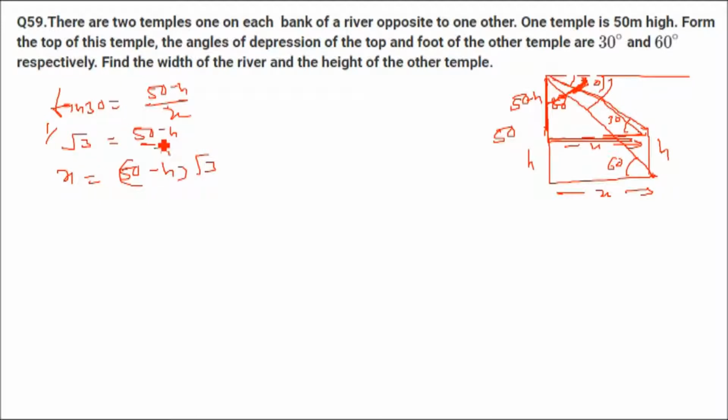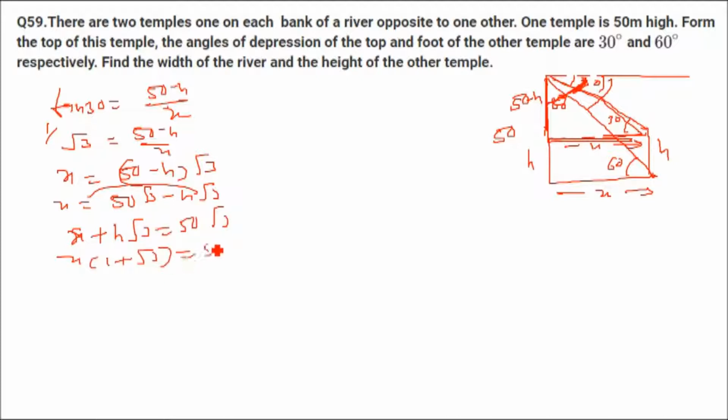Here, this is 1 by root 3 and we multiply this. So what do we get? 50 root 3 minus h root 3.